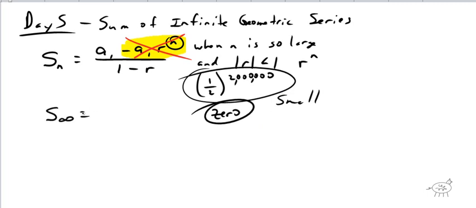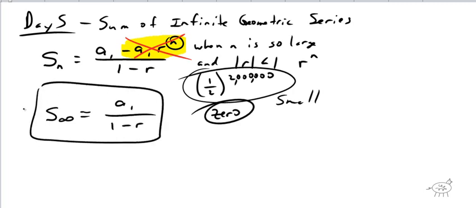When I say infinite, it means n is going to infinity, getting bigger and bigger and bigger. We just have what's left over, a sub 1 over 1 minus r. You need to put some stars around this one too, because that is a very significant formula. S sub infinity equals a sub 1 over 1 minus r. It's an infinite geometric series.